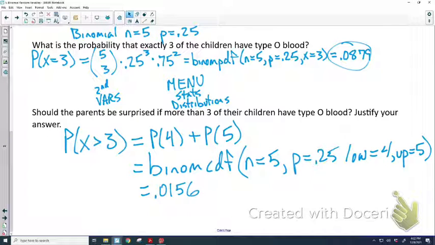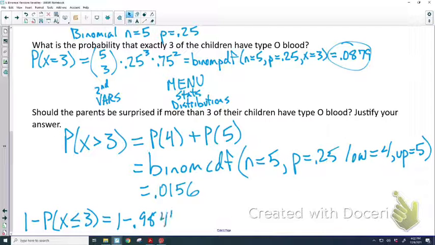So you could type in an upper bound of 3, because 1 minus the probability of 3 or smaller gives us the answer. If you type in an upper bound of 3, you'll get 0.9844. Take that away from 1 and you have our answer. That's only if you have a TI-84. If you have an Inspire, you can do it the way I just wrote and get it outright.